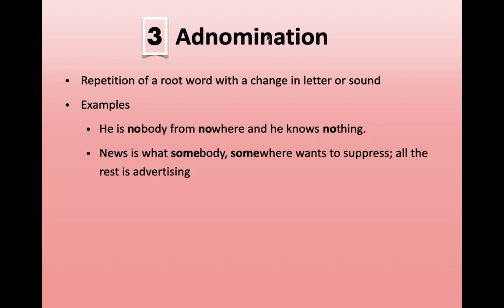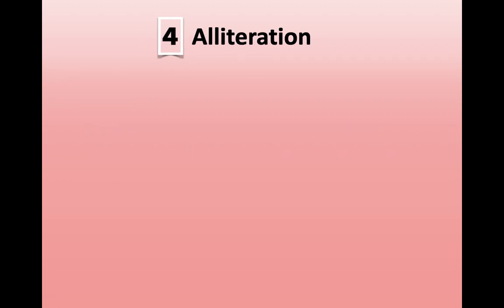Now we go on to the fourth term. That is alliteration. I'm sure everybody is familiar with it. Hey, before we go on to the slide, let me give you some tongue twisters. Are you ready to play? I will tell you a tongue twister. You have to repeat it 10 times very fast.